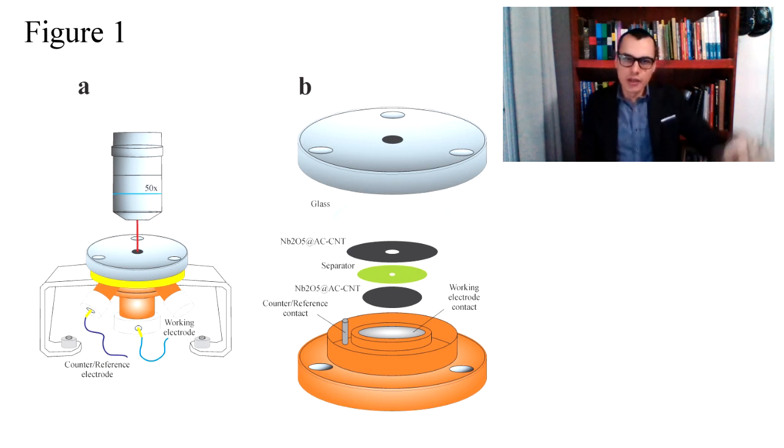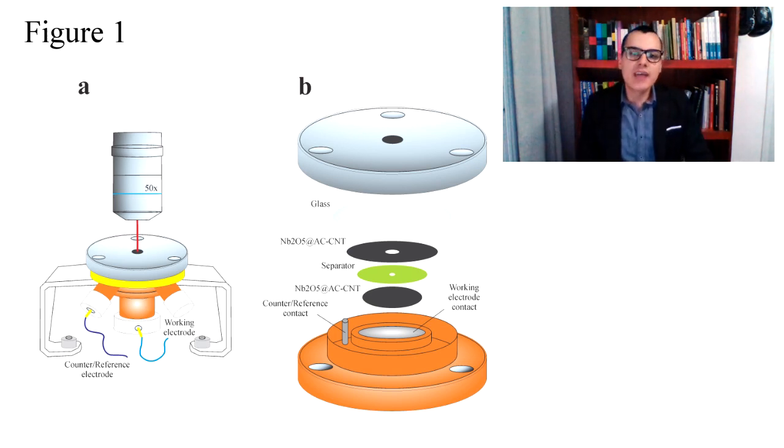After that, we put 20 microliters of lithium sulfate electrolyte, and another carbon-based material decorated with niobium with a concentric hole is placed over the separator.